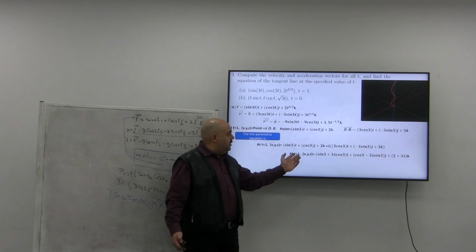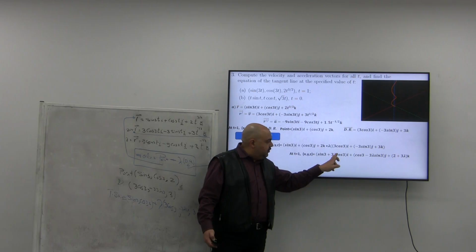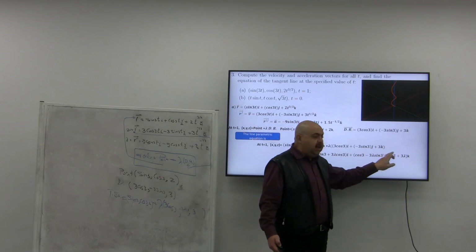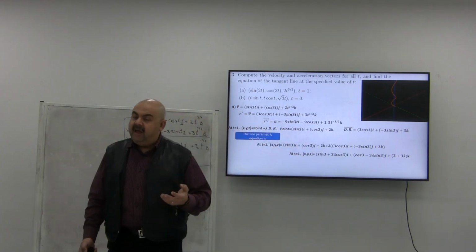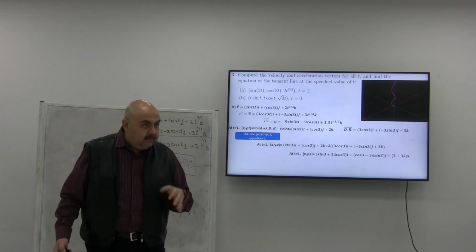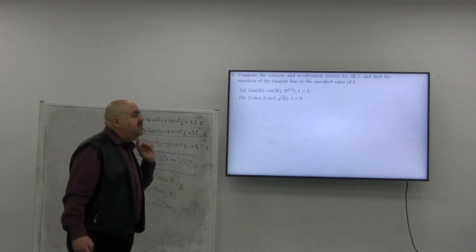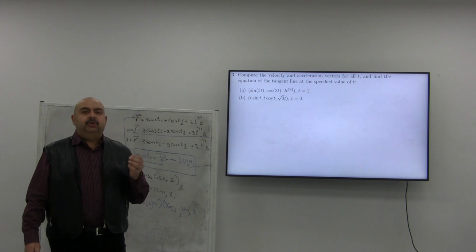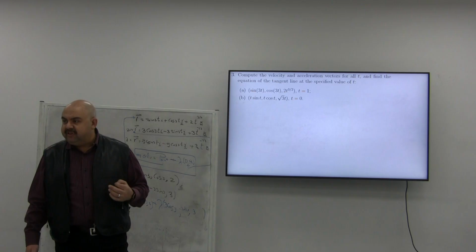Once we expand this, I will have sine 3 plus 3 lambda cosine 3 in the direction of i, cosine 3 minus 3 lambda sine 3 in the direction of j, and so on. As you can see, a vector function will have a tangent that is also a vector function. Similarly, if I want to do this for the second problem, the second problem will be a little bit complicated in the derivative.